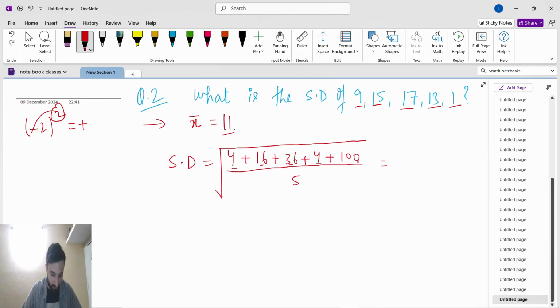Square root of 32 is, sorry, 5.65. 5.65 is the correct answer. Understand, right? So here they just gave the standard deviation to find. So that was question number 1 and question number 2. Next question we will go.